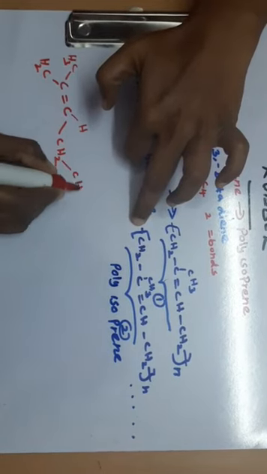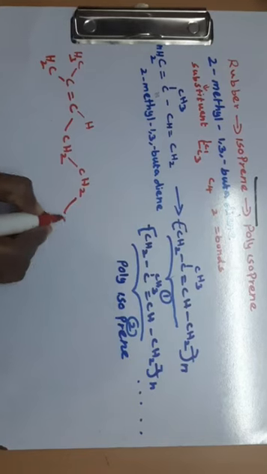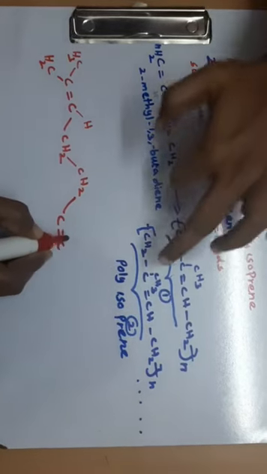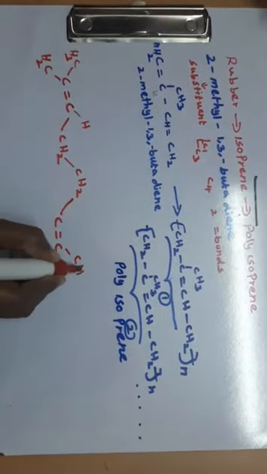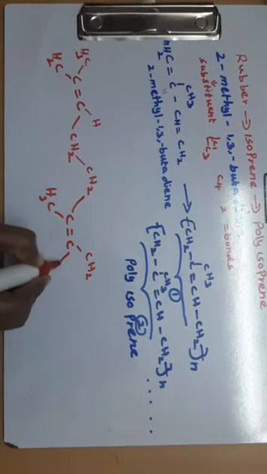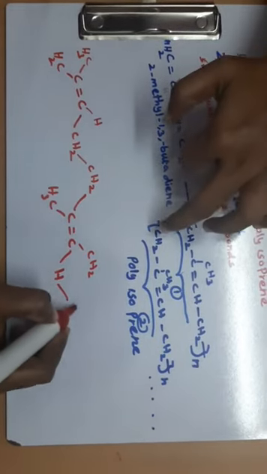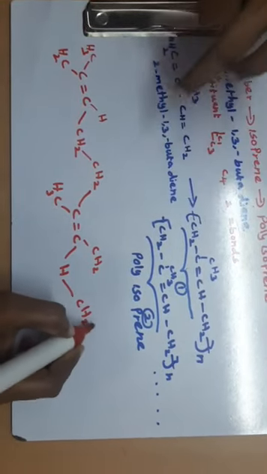Started with CH2, and here also a double bond. Here this methyl group is present. Here hydrogen. So then next it starts, and so on, CH2 and so on.